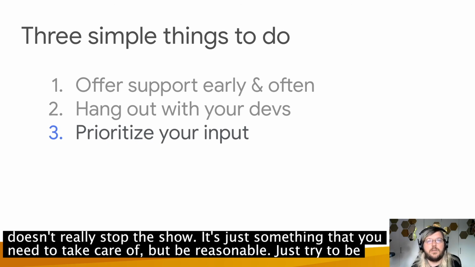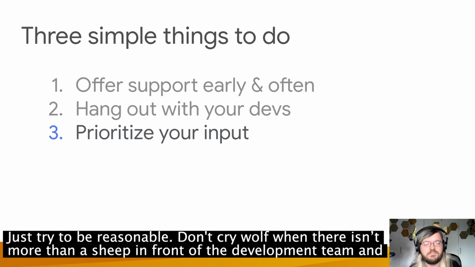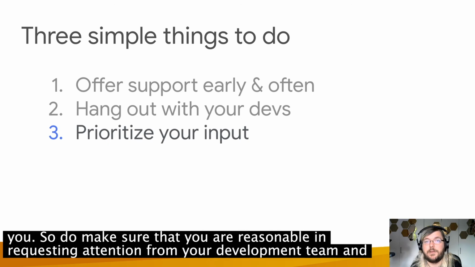It's just something that you need to take care of. But be reasonable. Just try to be reasonable. Don't cry wolf when there isn't more than a sheep in front of the development team and you. So do make sure that you are reasonable in requesting attention from your development team and the product owner.